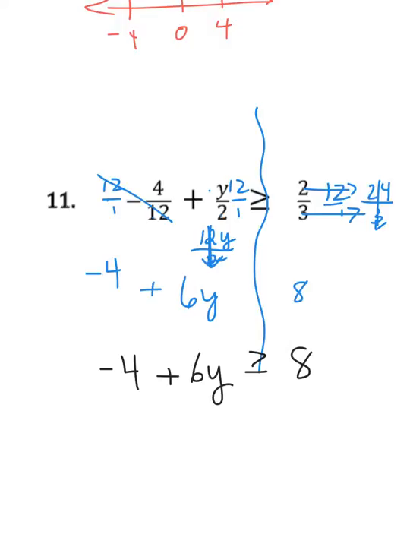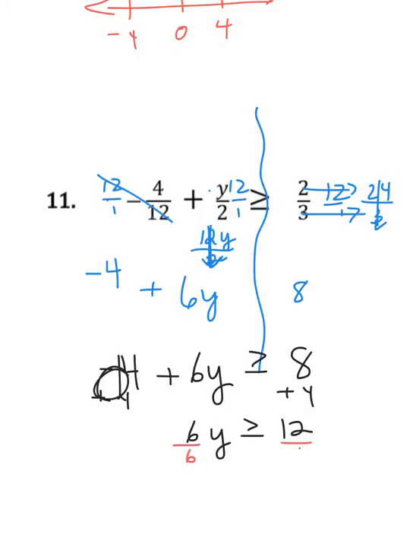Okay. I'm just checking my answer. Okay. All right, here we go. Add 4, add 4. That turns into 0. So now I have 6y is greater than or equal to 12.